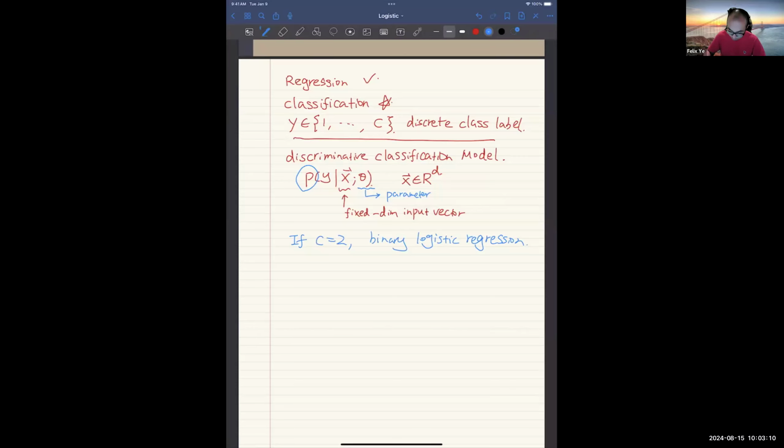In these cases, in general, we will use Y equal to 0 and 1. If C is bigger than 2, that means, for example, we are trying to classify the MNIST data set. This becomes multinomial logistic regression.